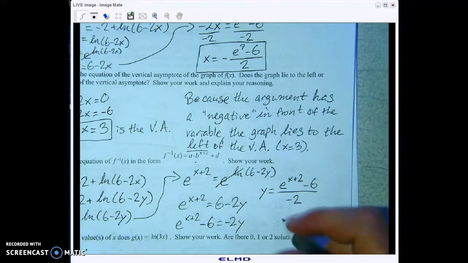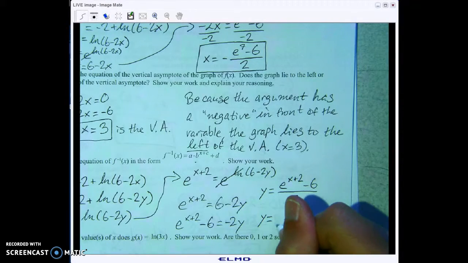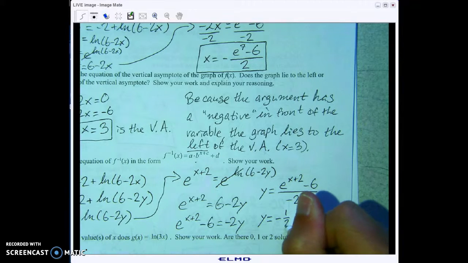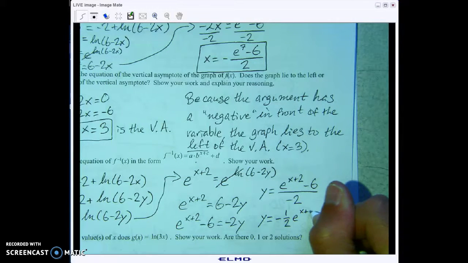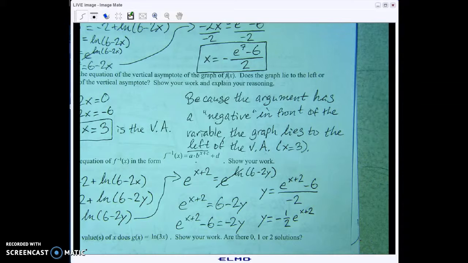But if we get e to the x plus 2 minus 6 all over negative 2, then technically we can rewrite that as y equals negative 1/2 e to the x plus 2, and then negative 6 divided by negative 2 is going to actually turn into plus 3. So I'm splitting this first term and the second term apart in the numerator and dividing them both by negative 2, right?